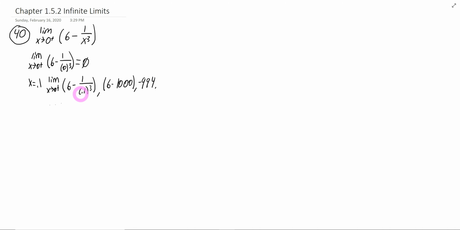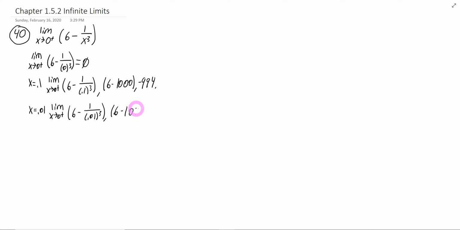Now we're going to do another test. We're going to do another variable that we're going to substitute in. And in this case, it's going to be x equals 0.01. And we're going to get the limit as x goes to 0 from the right of, in parentheses, 6 minus 1 over 0.01 cubed. And in this case, we're going to once again end up with 6 minus a million.